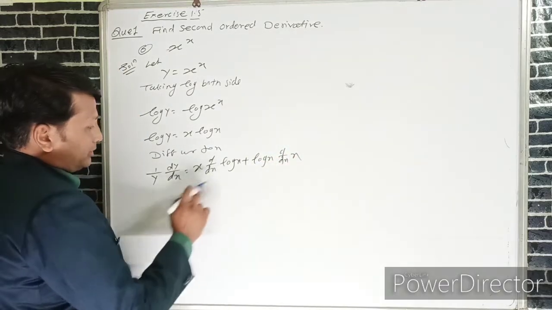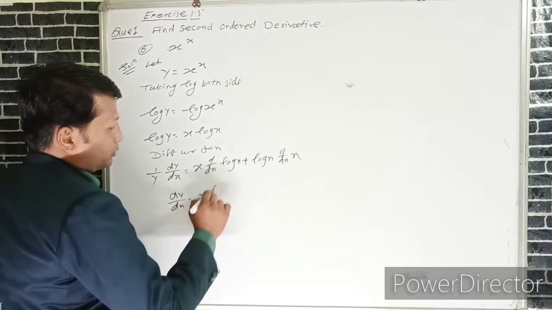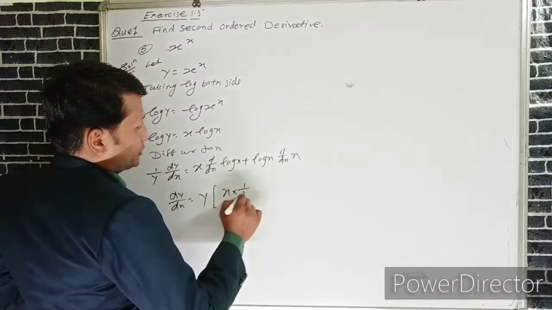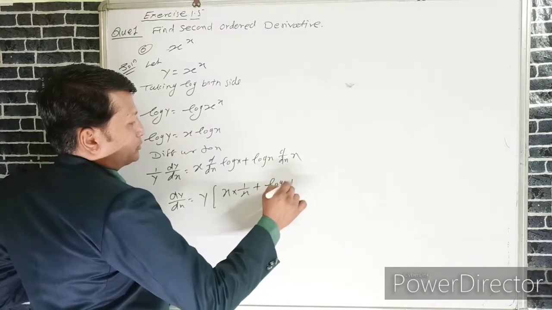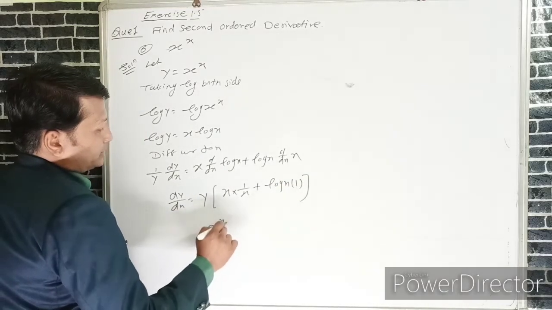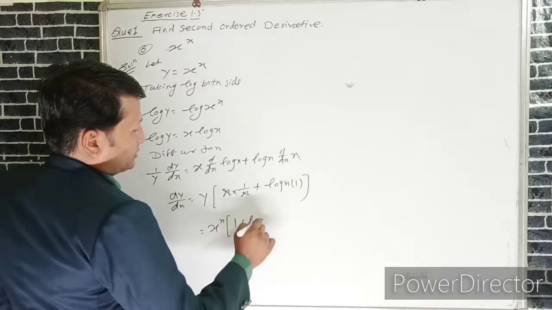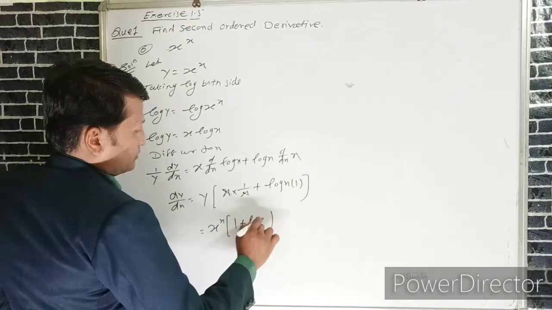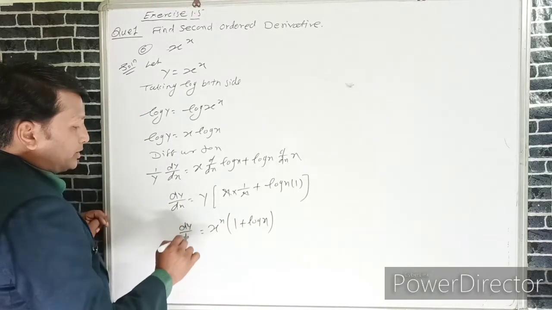Here, if we take y to the right side, we can write y into x into the derivative of log x, 1 by x, plus log x into the derivative of x, which is 1. The value of y is x raised to the power x, and x cancels, giving 1 plus log x, which is dy upon dx.